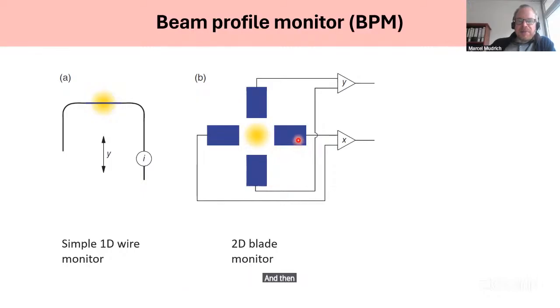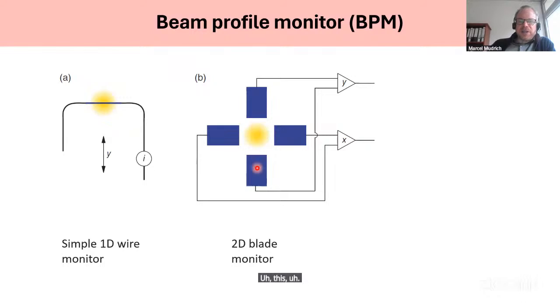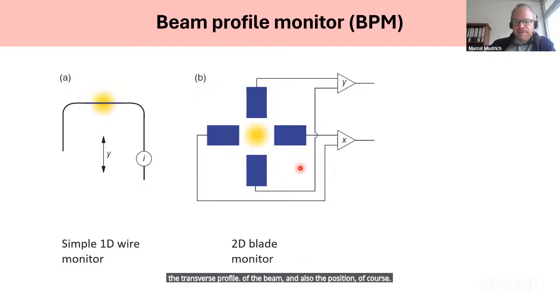And then by measuring differentially the currents going into left and right and up and down blades, this gives us a measure of the width and the transverse profile of the beam, and also the position, of course.